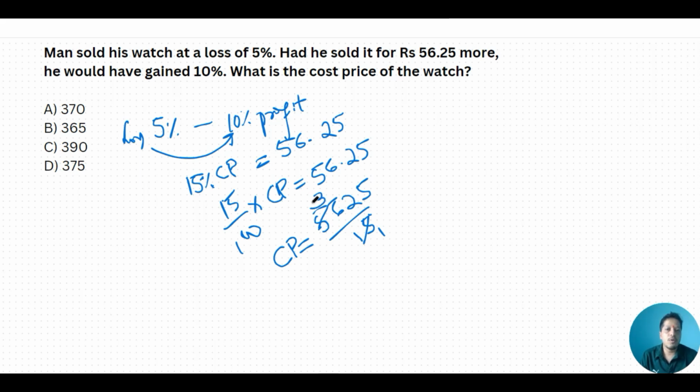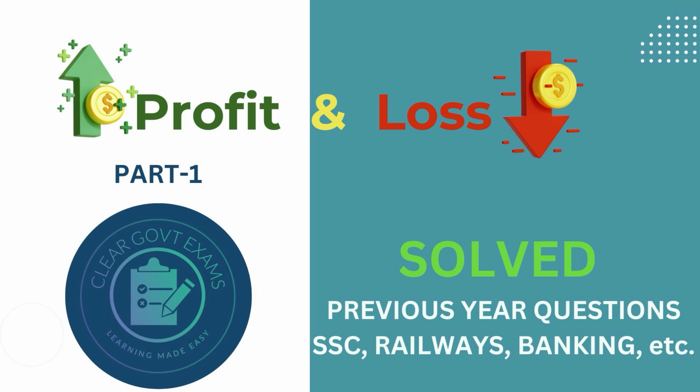So we add 2, so it becomes 112. 15 7s are 105, so we are left with another 7. So the 7 remainder and I add this 5, so it becomes 75. So 15 5s are 75. So 375. CP is equal to 375. Option D is the answer. Got it?